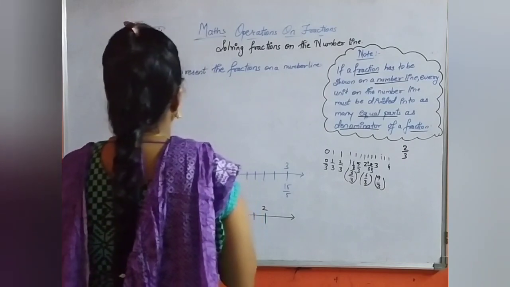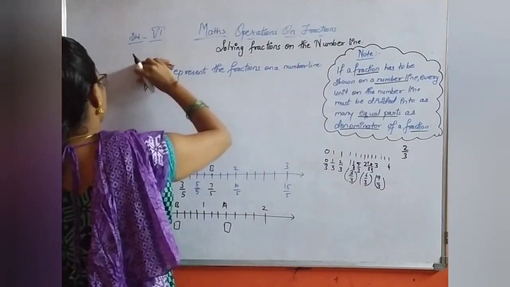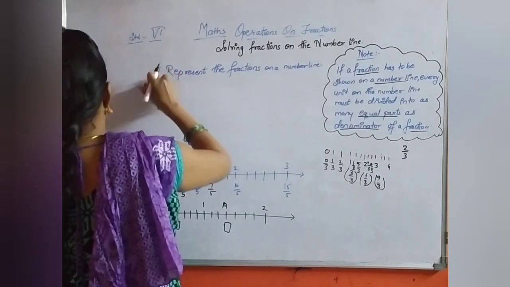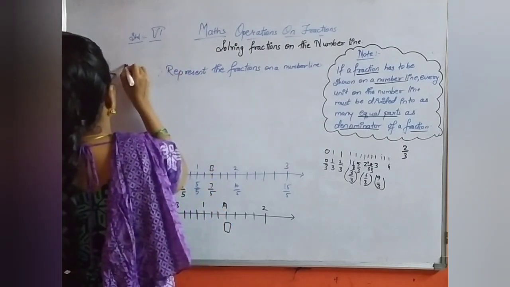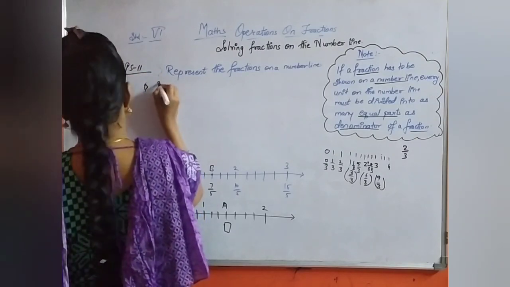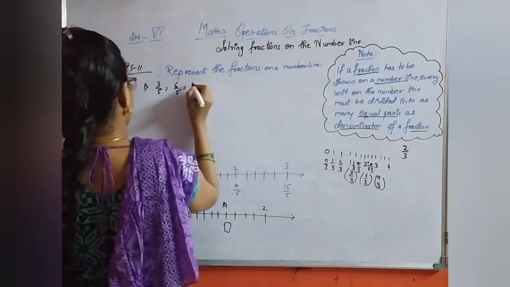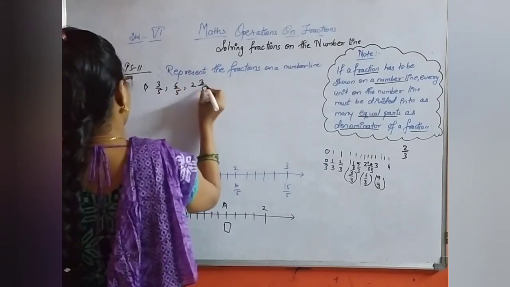Okay, now we have to represent 3 upon 5, 6 upon 5, 2 3 upon 5.